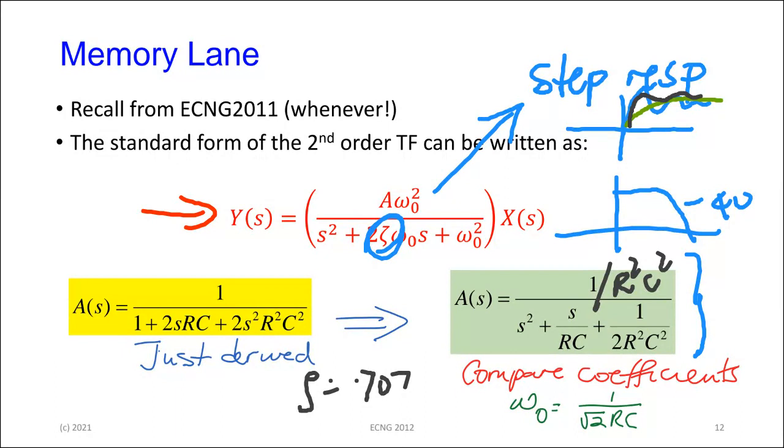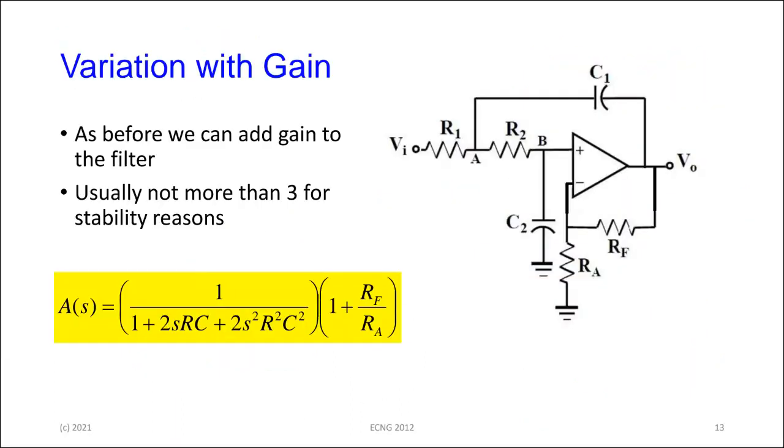All right. So, of course, like with the first order systems, we can add gain. You could put a feedback and a ground resistor on the amplifier, and you can get some gain on the filter. For stability reasons, and we're not going to discuss that here, that's normally part of the network synthesis course, you don't want to put too much gain on the op amp, because the damping, as we just saw, is related to R and C. I guess we might need to change this here.